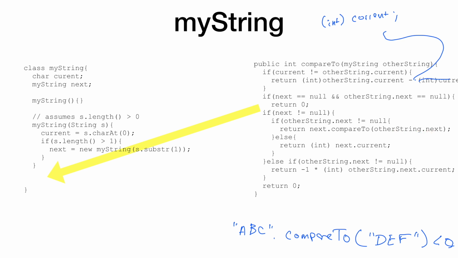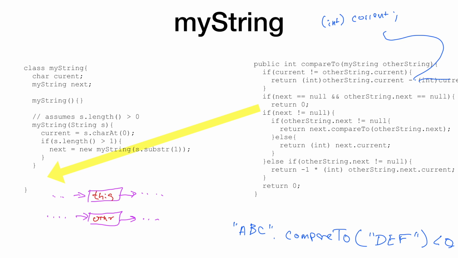So if we draw a little picture here, I don't know how we got here, right? But something pointed to us. Something pointed to the other guy. So this is other. And that's this, right?